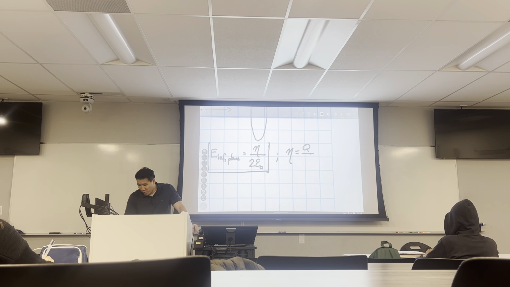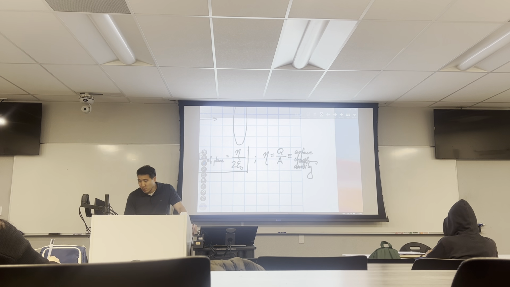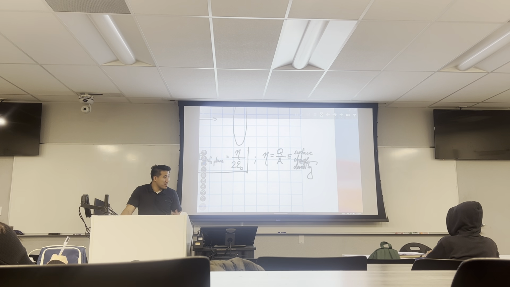Eta is Q over A. So this is what's called the surface charge density. So how densely packed the charge is, or how densely it's distributed over a certain area. And so this eta does not have any distance dependency whatsoever.